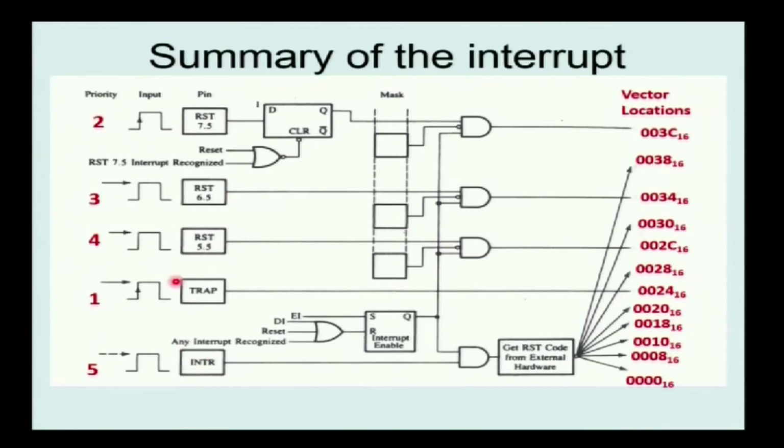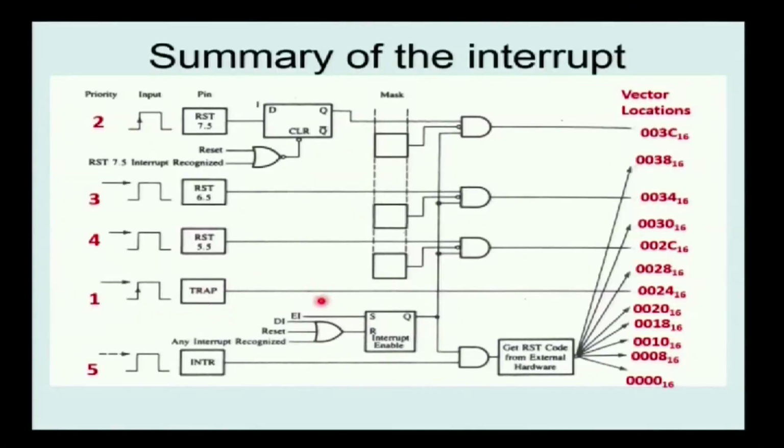Based on whether they are maskable or non-maskable, that is, whether we enable them by EI or DI instructions, they are classified as maskable or non-maskable. The maskable interrupts are RST 7.5, 6.5, 5.5 and the INTR signal. These are all maskable interrupts because we can enable or disable them by EI and DI instructions. The TRAP is the non-maskable interrupt, which cannot be disabled by software.